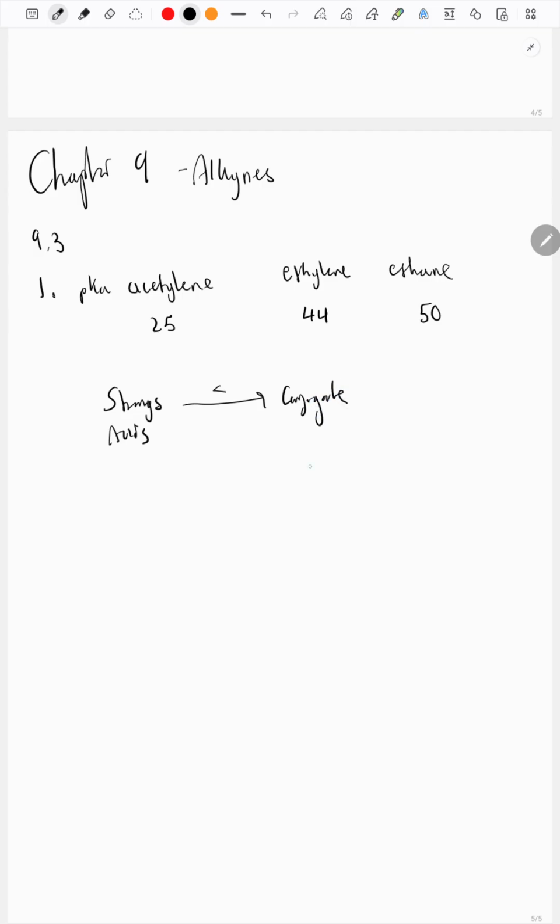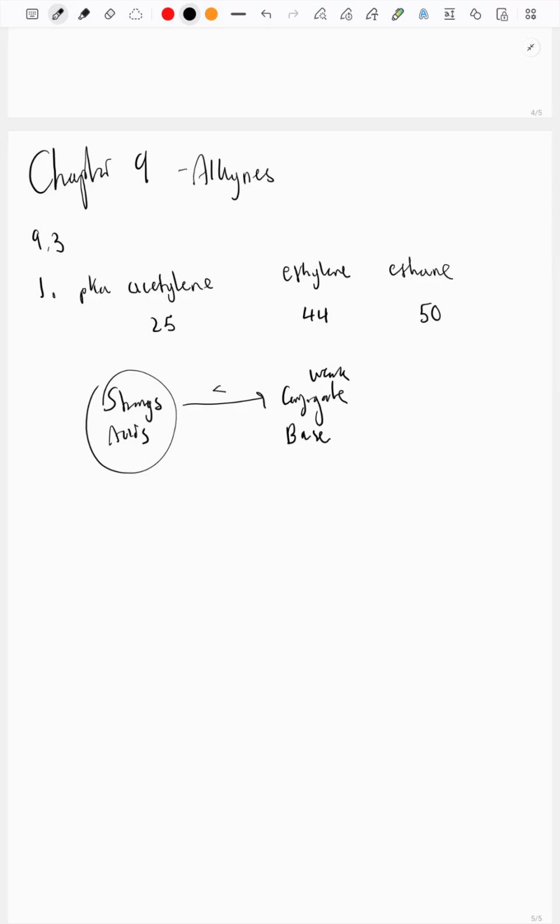So it used to be part of the acid. That's what conjugate means. It used to be part of the reactant I'm talking about, and it's a conjugate base. So strong acids make weak conjugate bases when the equilibrium shifts forward, and so acetylene.